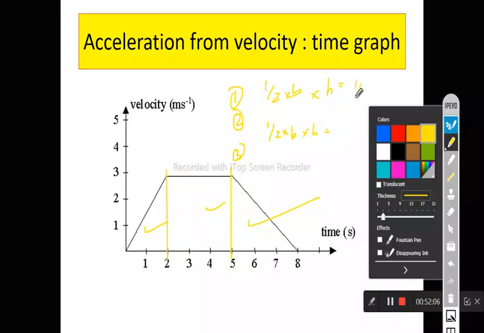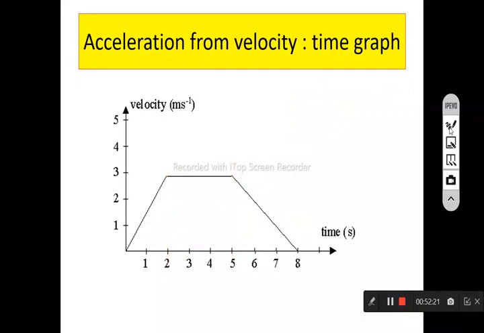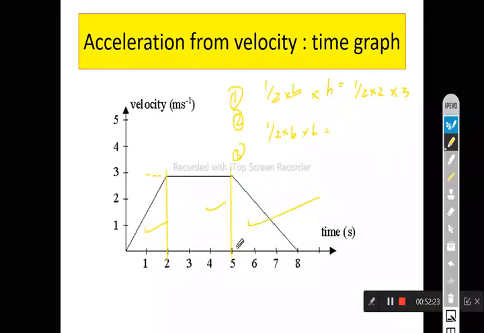So it is half times 2 times the height, which is 3. Yes, 3. Alright? For the second triangle, what is the base? 2 times 3 is 6, and half of 6 is 3. Are you clear?